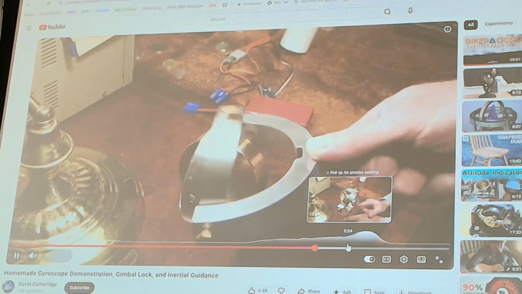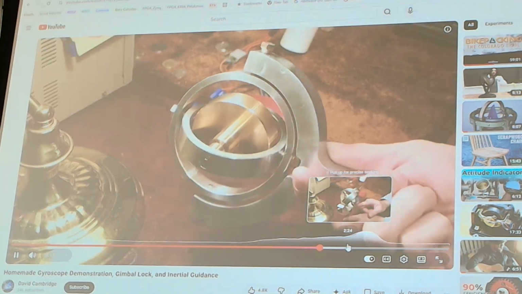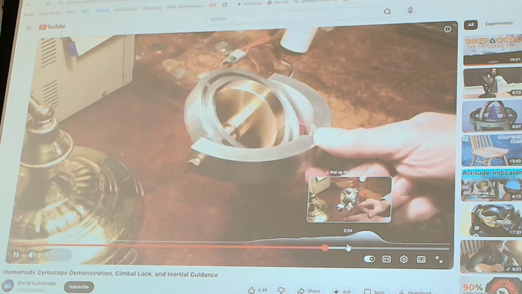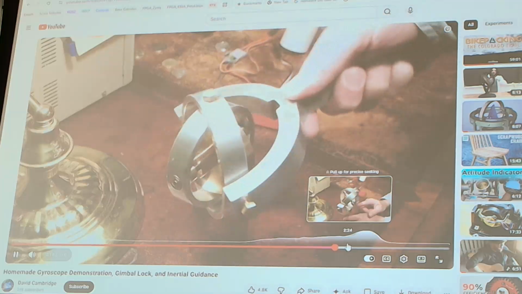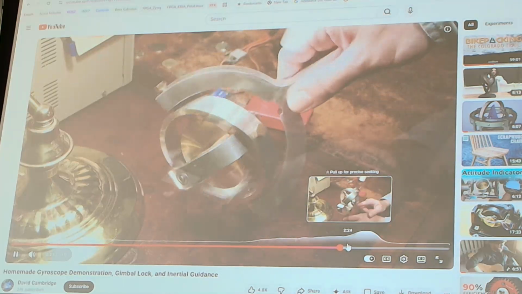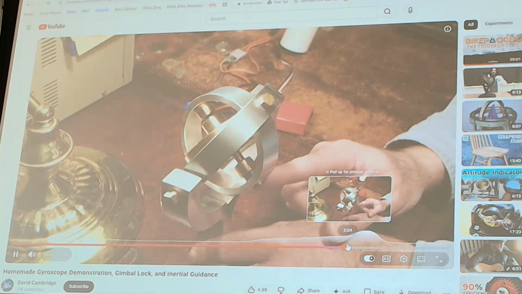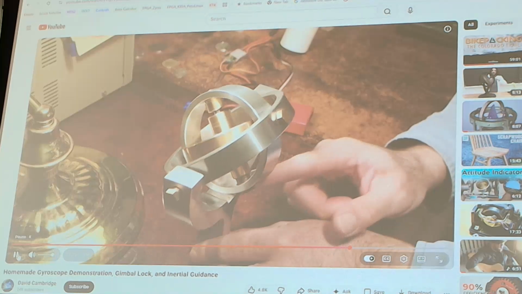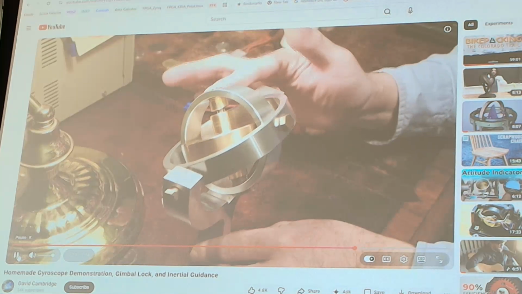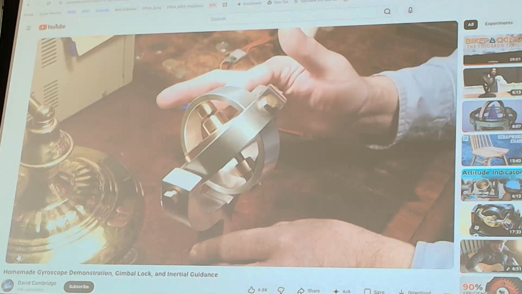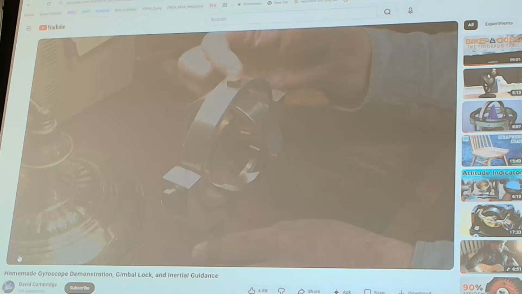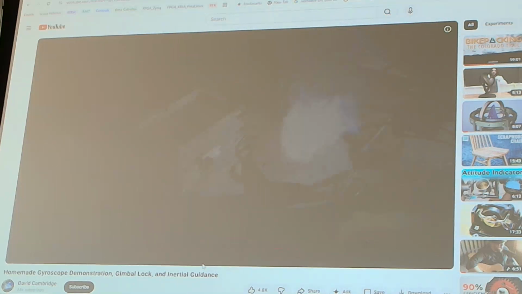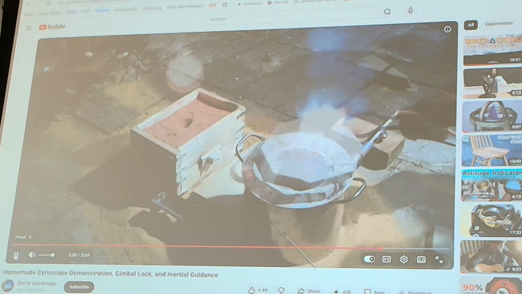Although it can be eliminated by some clever electronics and a fourth gimbal set. And just to show how counterintuitive gyroscopes are, watch what happens when I push the gyroscope. It moves at 90 degrees to the direction I'm pushing. Very strange. Well, I hope you found this video informative.